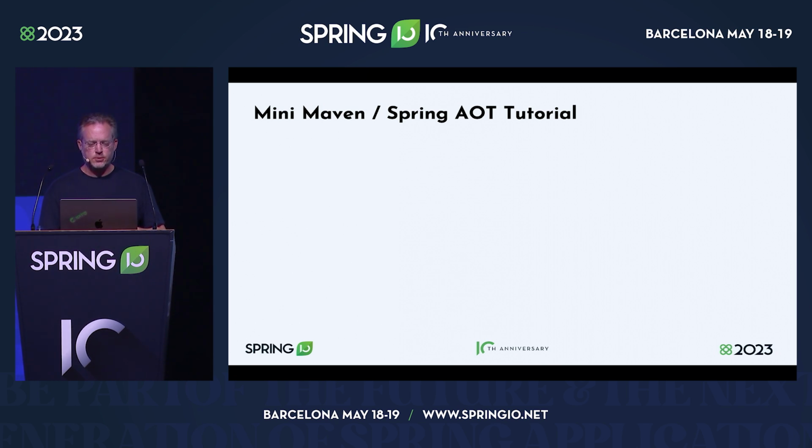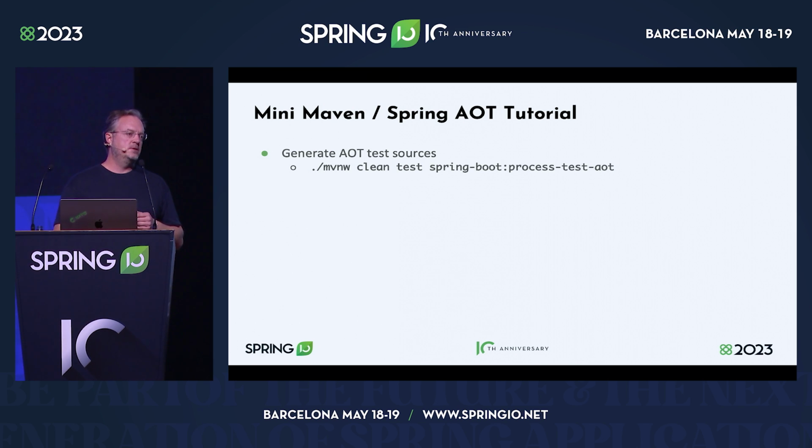So here's a mini tutorial on how to do that. What you first need to do is tell Spring Boot build tools to generate the AOT test sources. So process your test classes, look at the application context, generate the AOT artifacts, and put them somewhere for you. We do that with Maven with clean test.